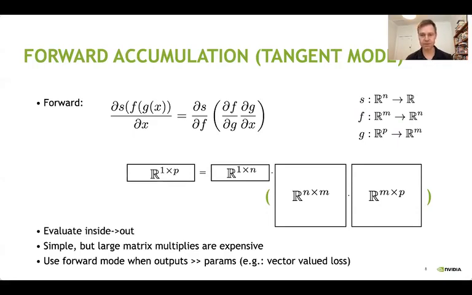And we essentially have this sequence of matrix multiplies, where each of these Jacobians is being multiplied by the next one. And so the obvious problem here is that matrix multiplies are expensive, and so we would like to avoid this if possible.